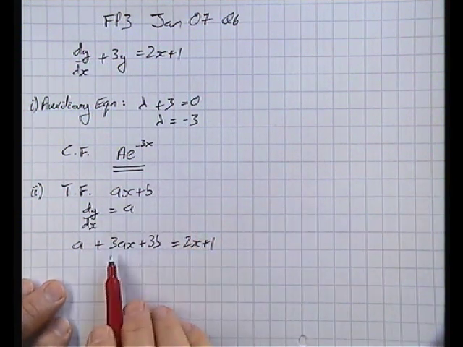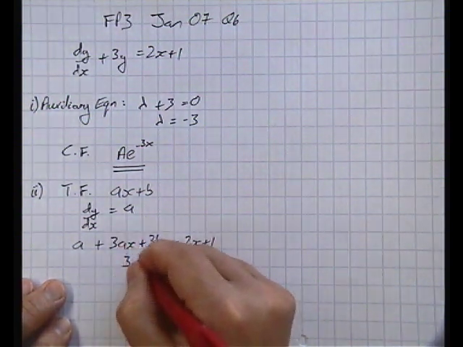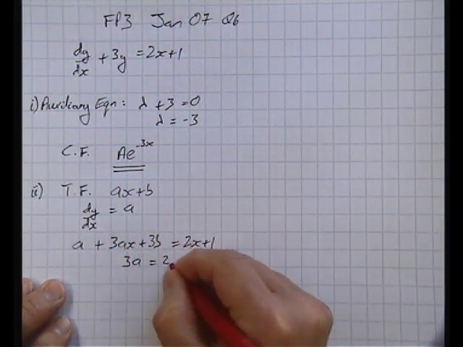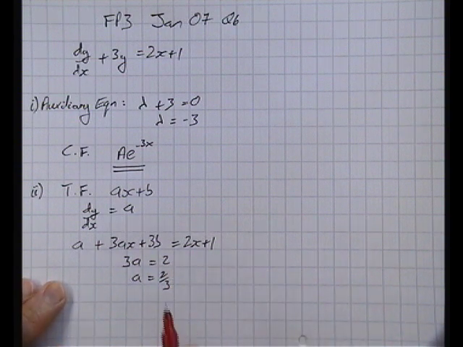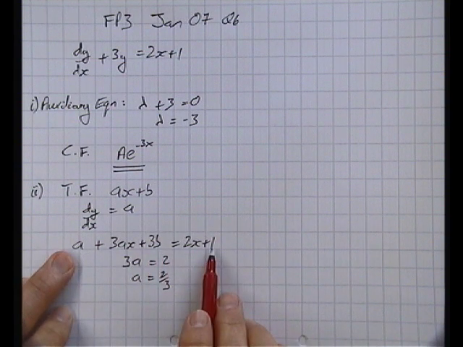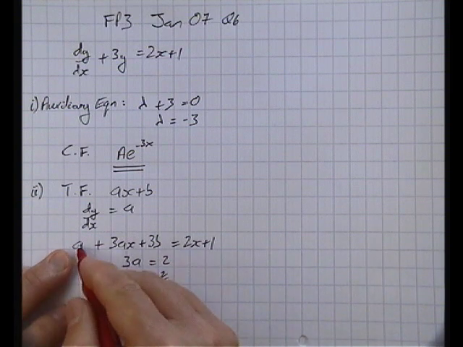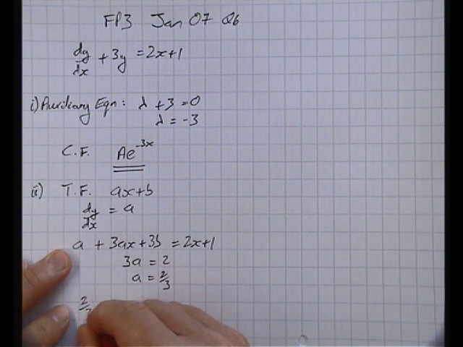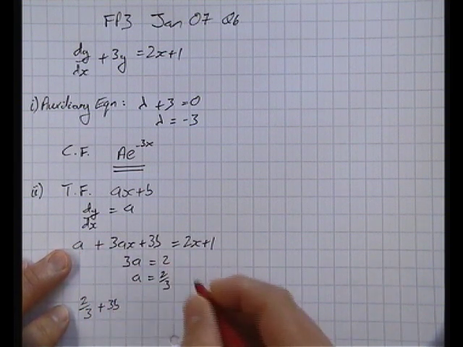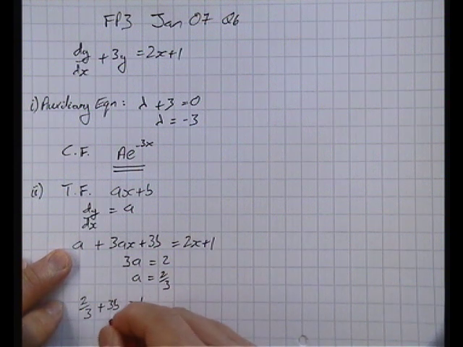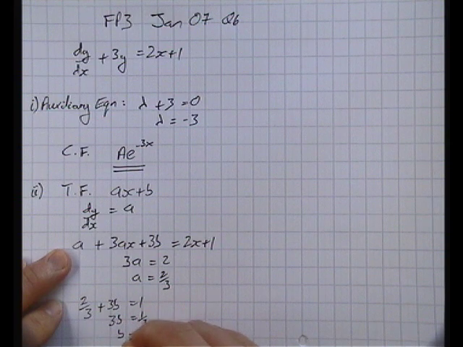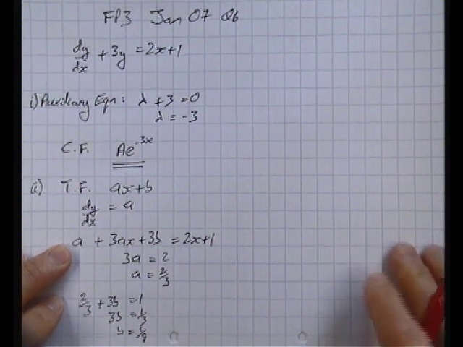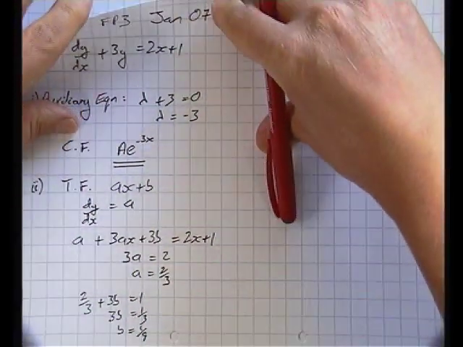Now, comparing coefficients, I can see straight away that 3a has got to equal 2, and that means a has got to be 2/3. Then, comparing with the 1, that tells me that 2/3 for that a, plus 3b, has got to equal 1. So 3b is going to be a third, and b is going to be a ninth. Let's move the page up a bit.